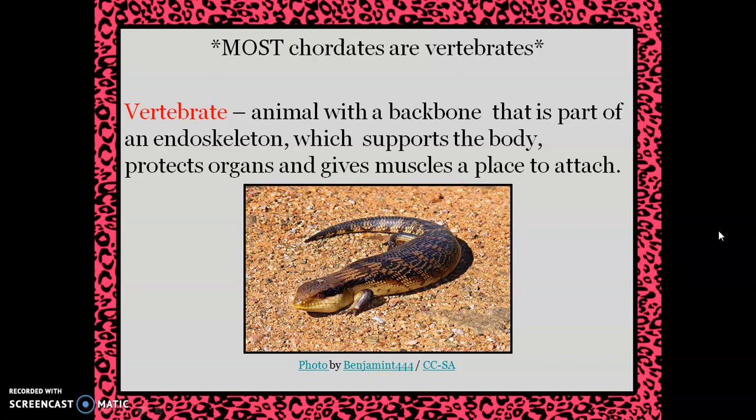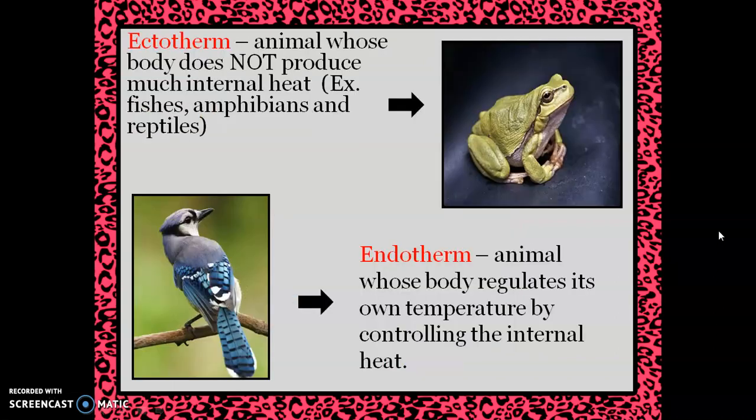So this endoskeleton centers around that backbone, that vertebral column, another term that will be used in biology. The endoskeleton provides support, protection for organs, and gives movement because it gives muscles a place to attach.